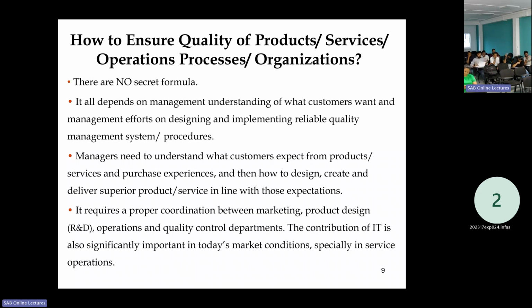Mostly it depends on the understanding. Especially organizations that do not understand the benefits of quality management, what would they do? What will happen? Do you get my question? There are benefits that we haven't discussed in detail yet, but through quality management, there are many benefits.